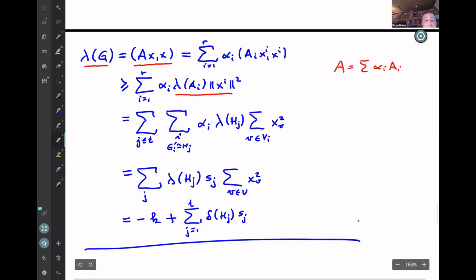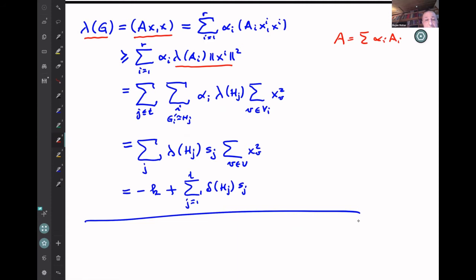Now, here is the trick for why everything works. Instead of taking the sum over all i, you remember these graphs H_1, H_2, so you work with the types of these subgraphs. You look at each subgraph H_j, and split the sum from 1 up to r, going first over all j, and then over all i such that G_i prime is isomorphic to H_j.